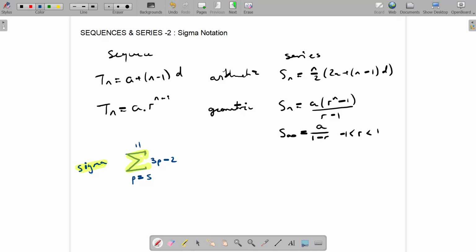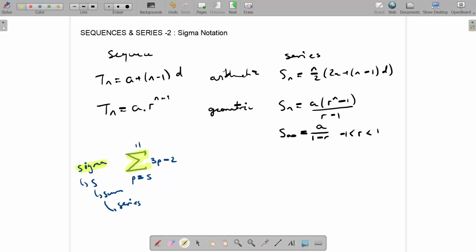They've chosen to use the letter S because S would stand for a sum, because it refers to a series. So it is a shortened form of writing a series. If it was arithmetic, we could write down the series as follows.